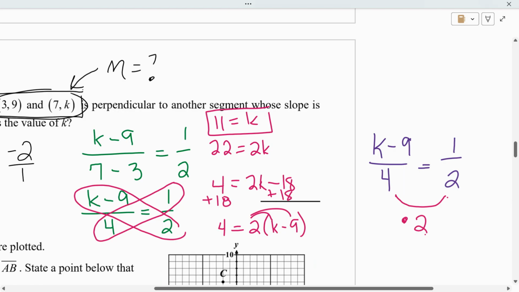So if I multiply by 2 on the bottom, I'd have to multiply by 2 on the top. So 2 over 4 is the same thing as 1/2. So now I can say to myself, well, what number minus 9 equals 2? And that told me that that number is 11. 11 minus 9 equals 2.